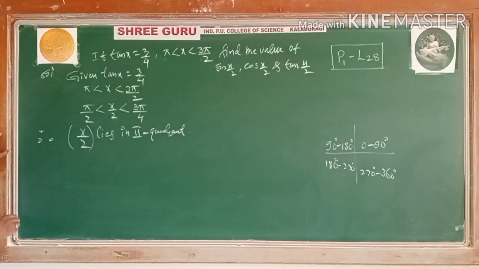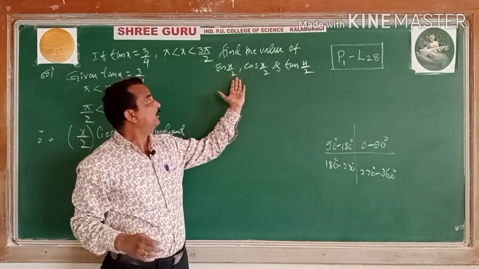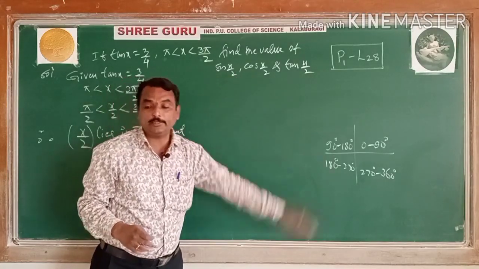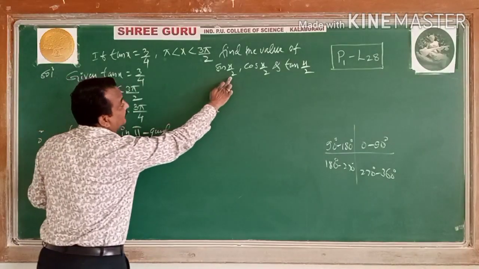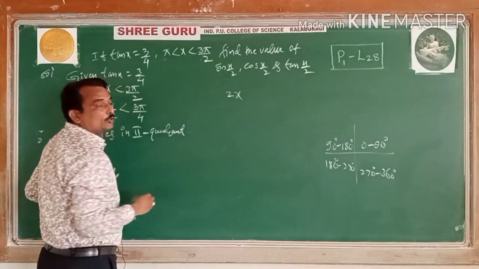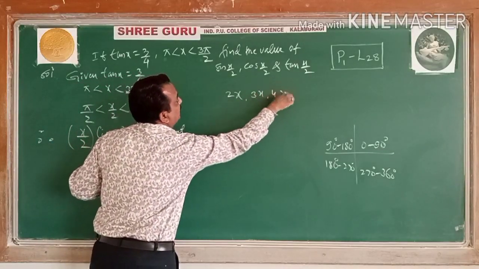Now see, you have to transform the formula in terms of x by 2. This is sub multiple angles; I have told multiple angles now. Where 2 is multiplied with the angle, 2x, 3x, 4x, these are the multiple angles.